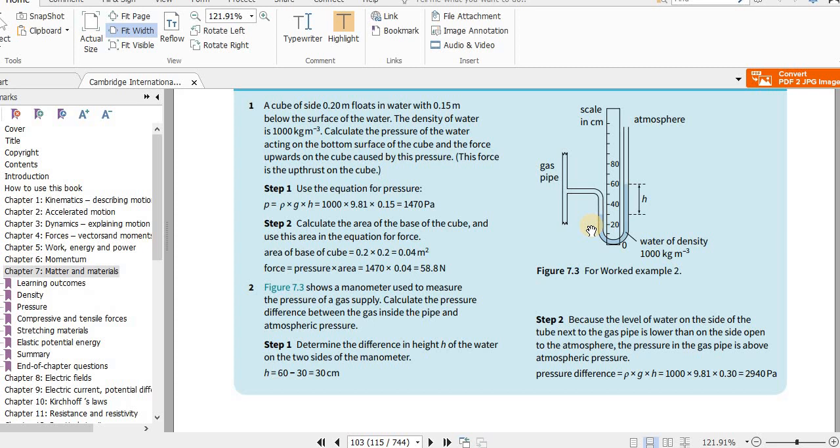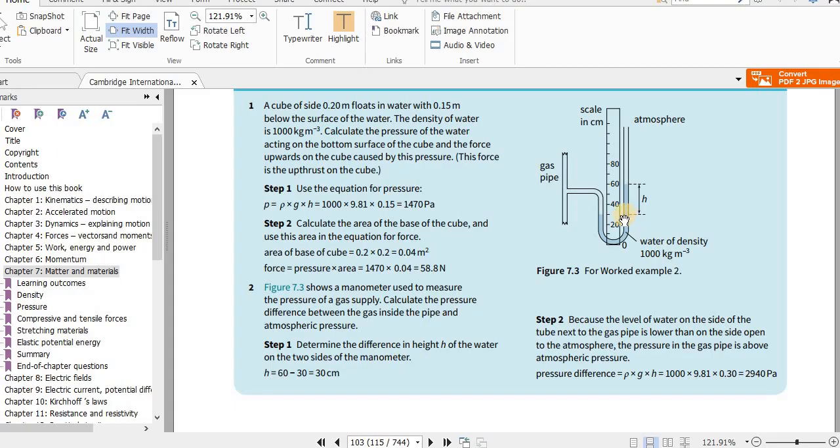So this is an important point, you have to know this. The pressure here and the pressure here at the same level anywhere in a liquid is the same pressure. Even if I go along this horizontally at the same height, the pressure here and here are the same.